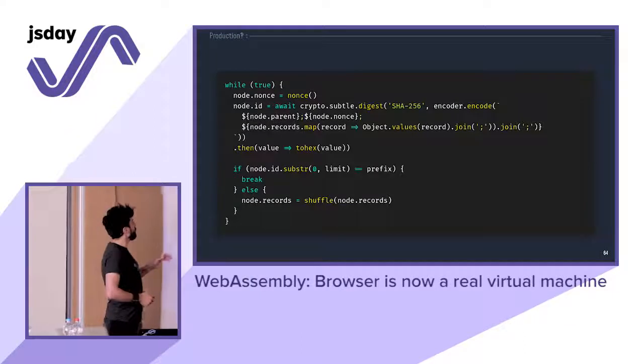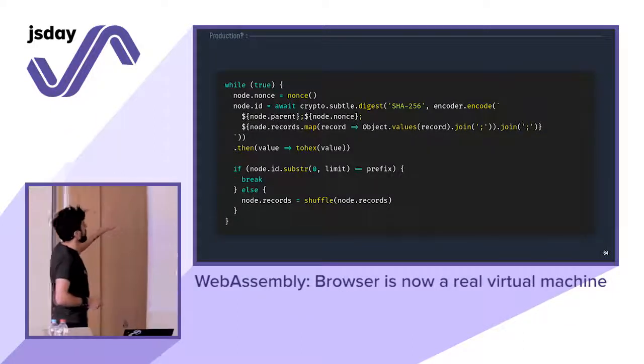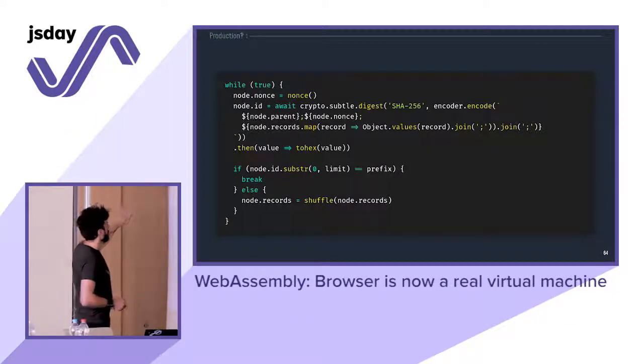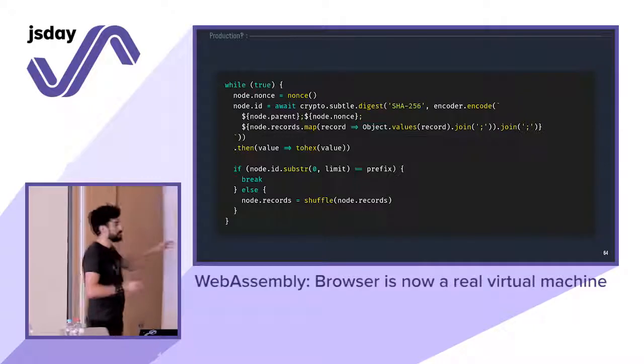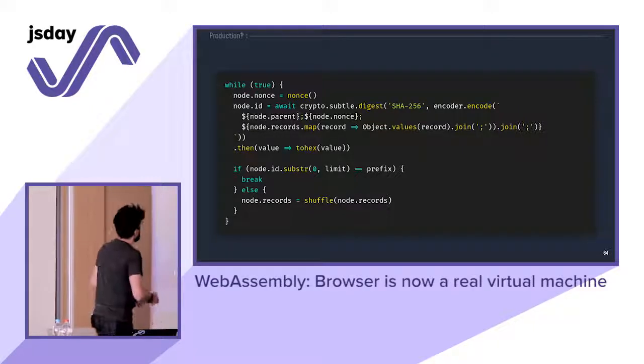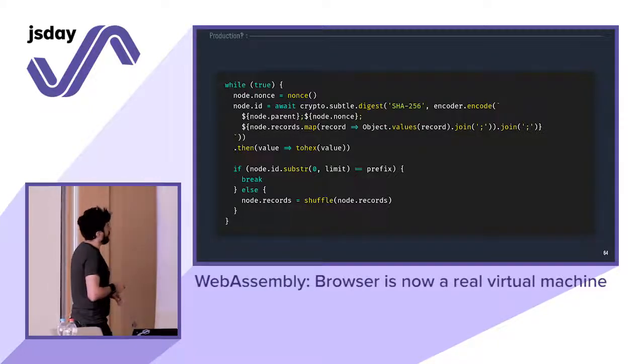If I want to do that in JavaScript, it's an infinite loop. I read a nonce, a random number, and I generate the checksum of the content of the block. So I use the parent ID, the nonce, and the string representation of the records.